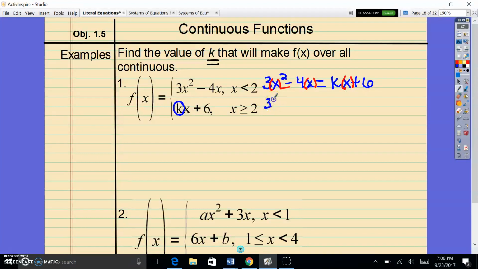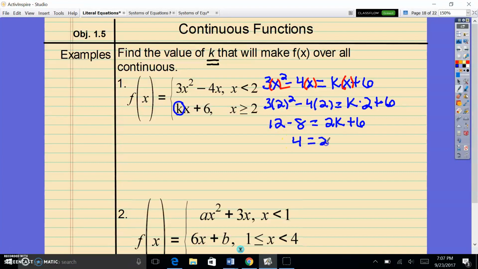So I get 3 times 2 squared minus 4 times 2 equal to k times 2 plus 6. And it should work out really nice. So that'll be 4 times 3, 12, minus 8 equals 2k plus 6. And it becomes a real basic equation at this point.